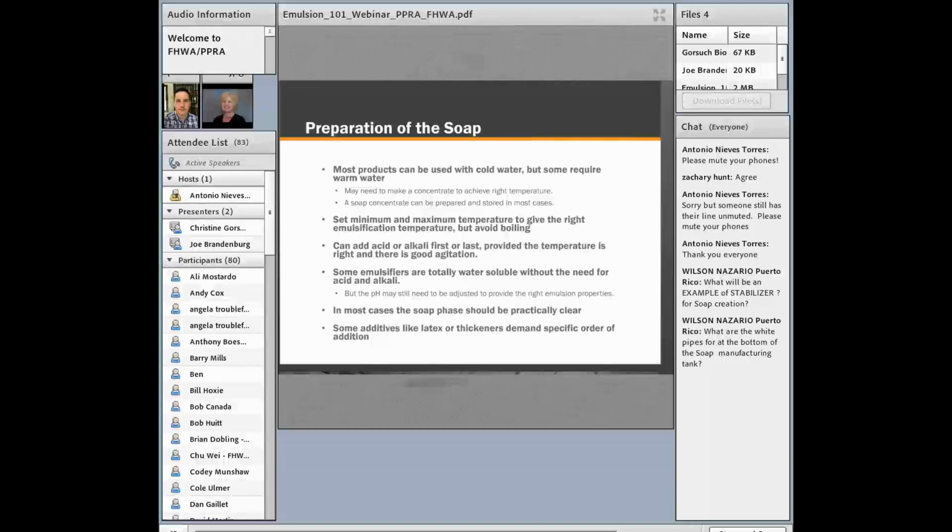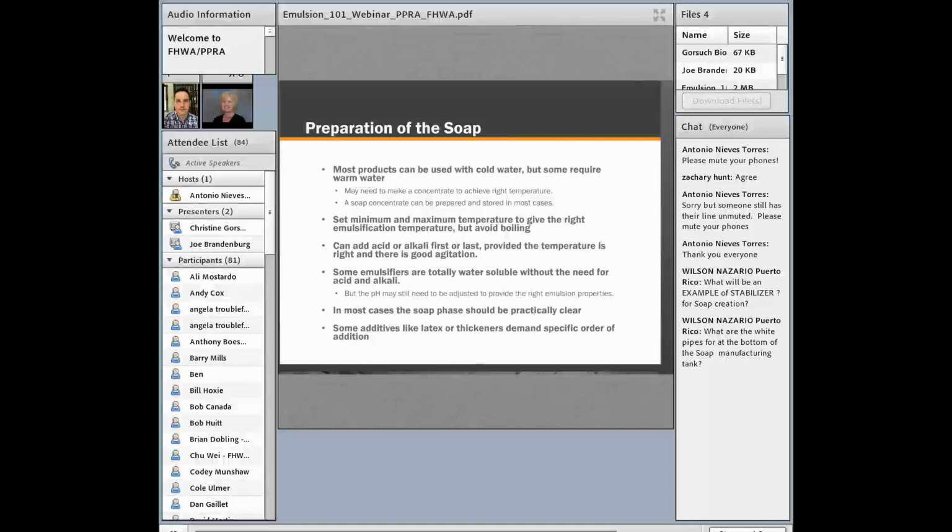One thing to keep in mind when I used to test soap solutions is that the soap really should be clear for the most part. It's always good to grab a sample of that soap, pH it, but then also take a look at it. It shouldn't be cloudy, generally speaking, and it's always good to look at the soap solution and make sure you don't see any droplets of unsaponified or unprotonated emulsifier floating around.